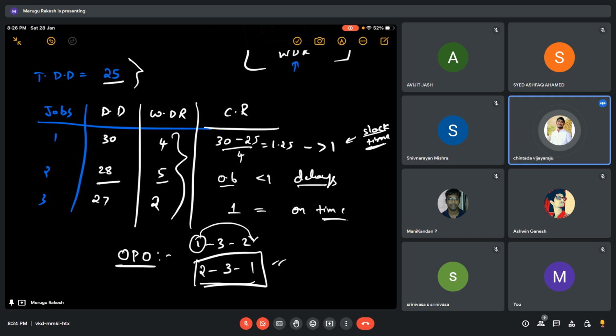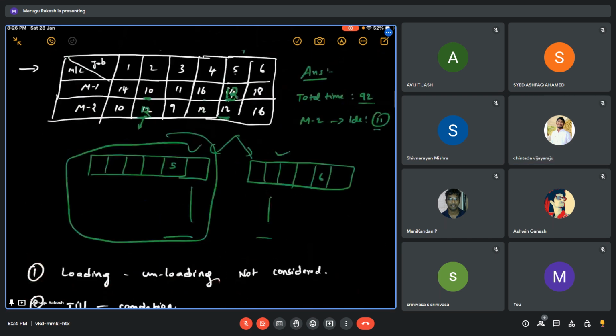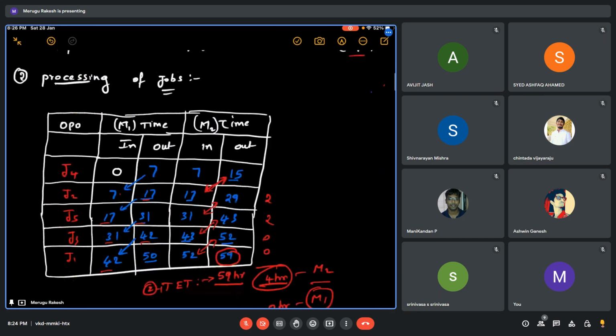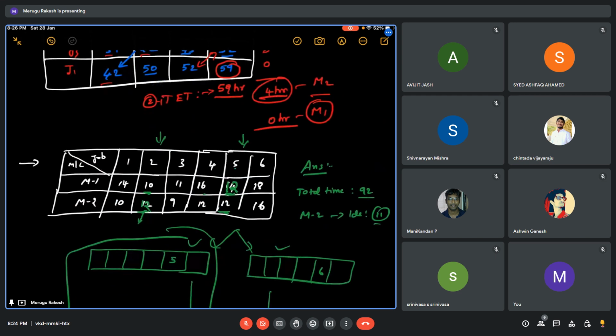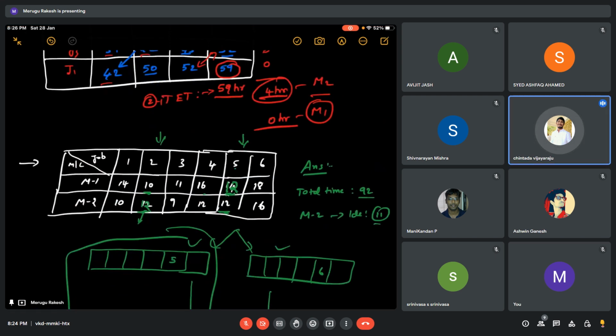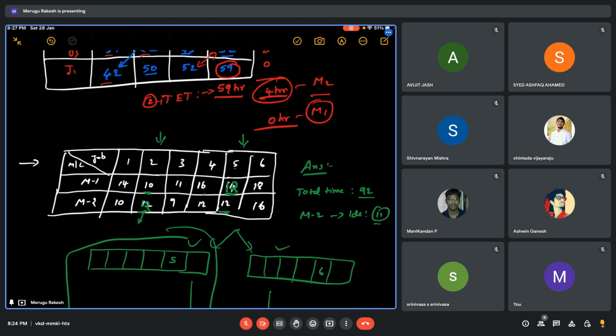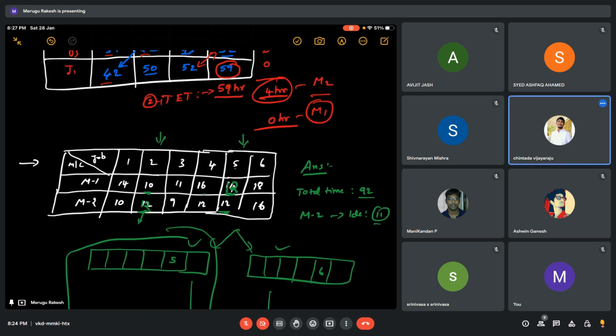Sir, in the first problem, 2 machines, 2 jobs, you gave as homework. The idle time on machine 2 here is mentioned as 11. But machine B starts after the 10 minutes of machine A. So is 11 plus 10 also included or not?